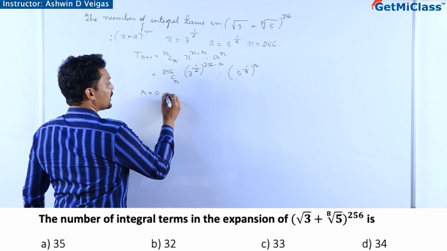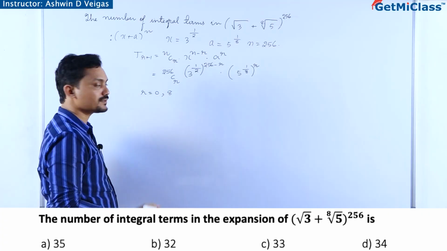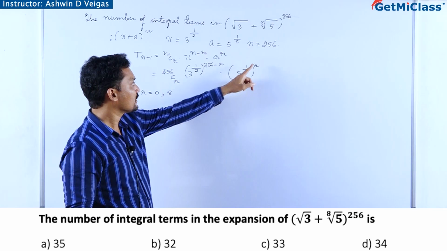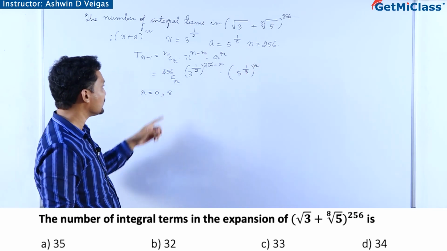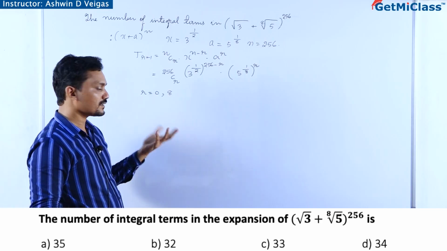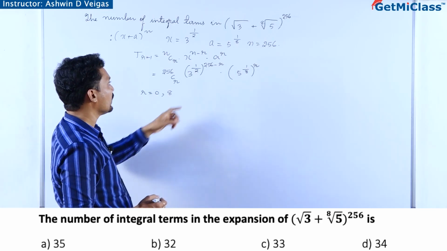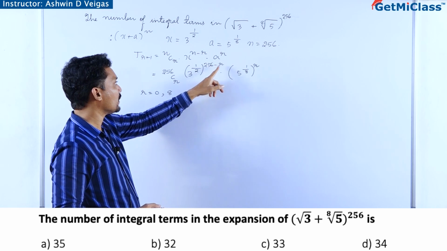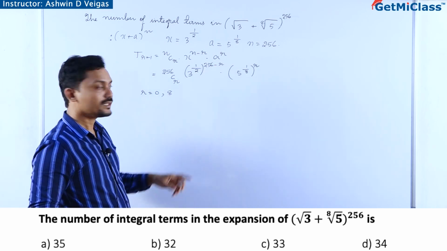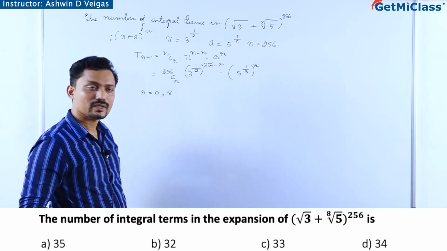Now we have to pick the next value of r which makes this an integer, and we can easily see that it is 8, because if you put 8 here, 8 by 8 becomes 1, so you will get 5, which is an integer. 256C8, nCr, is always an integer, and with r equal to 8 we get 256 minus 8, that is 248, and 248 by 2 is an integer.